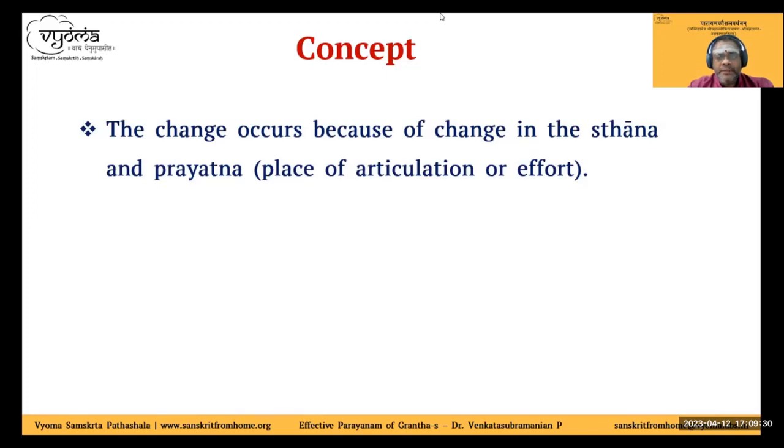Now what happens when two letters are pronounced simultaneously, we try to accelerate the communication. So one letter, before it gets pronounced, will overlap with another letter. Before it hits the place of articulation, another letter hits the place of articulation. They both hit another place.